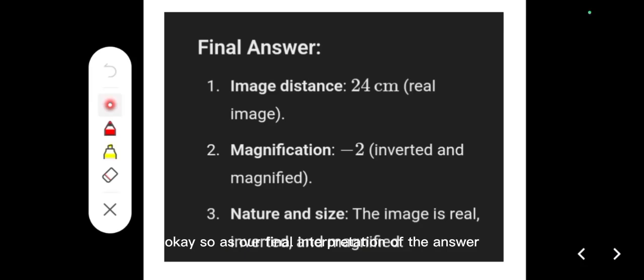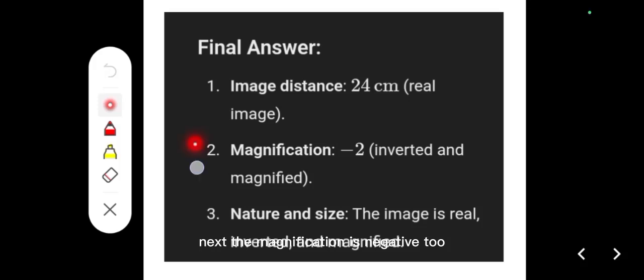So as our final interpretation of the answer based on our mirror equation, we are able to interpret that the image distance is 24 centimeters. It's positive, therefore it is a real image. The image is formed in front of the mirror, not behind the mirror.